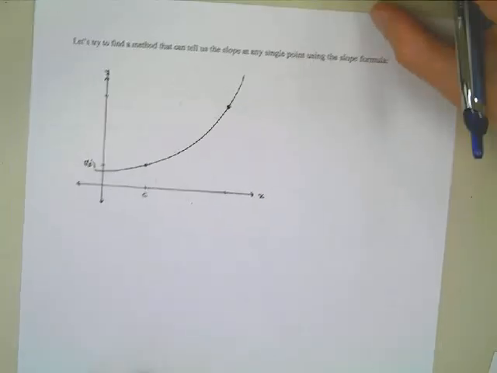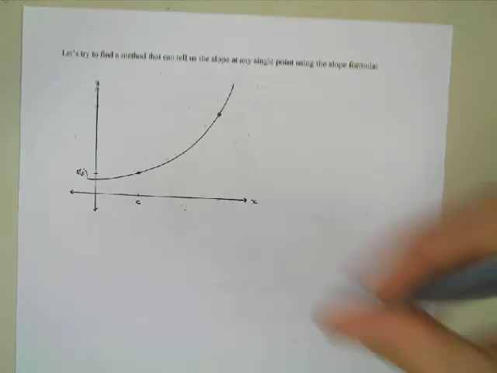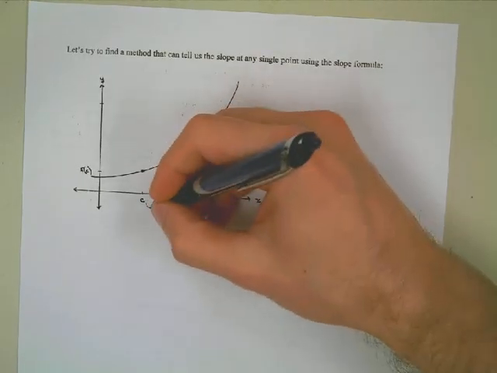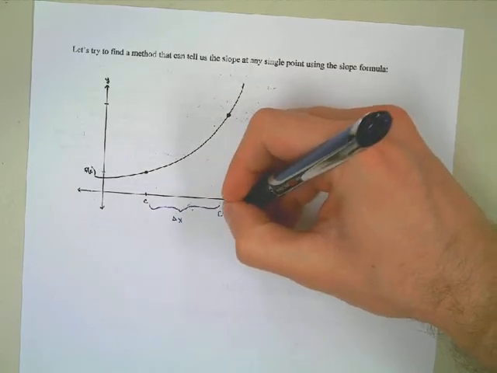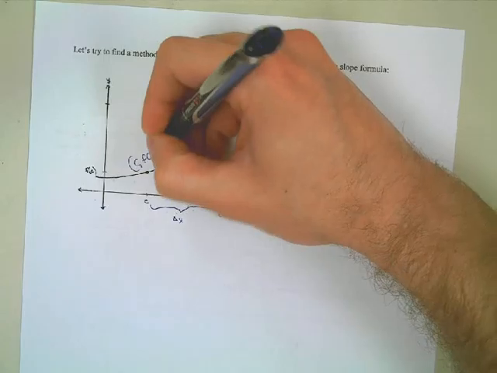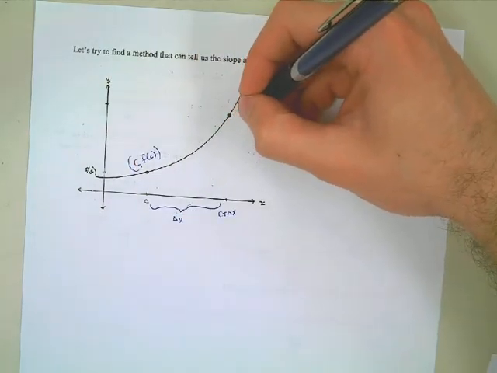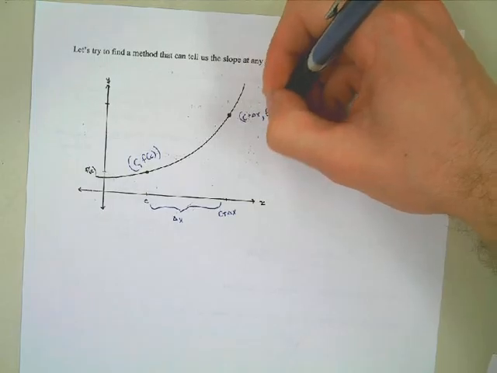So flip over here, okay, and we're going to relabel everything we just saw. So all right, you got this guy with the delta x. This is c plus delta x. This is c, f of c. This is c plus delta x, comma, f of c plus delta x.